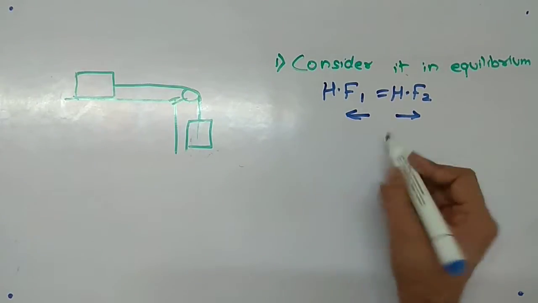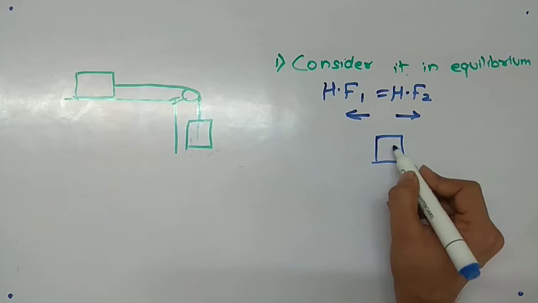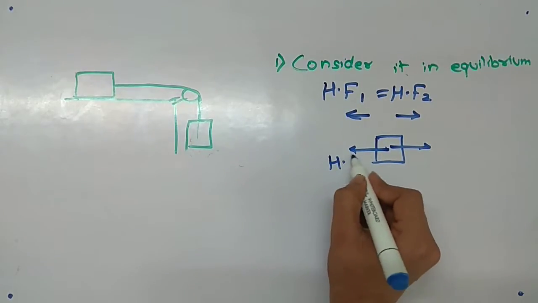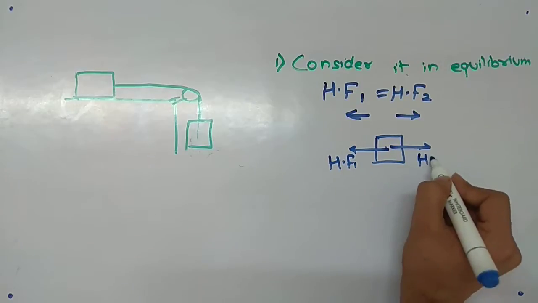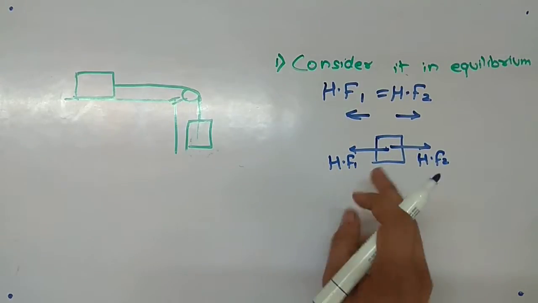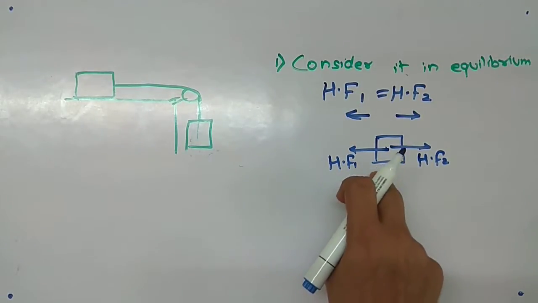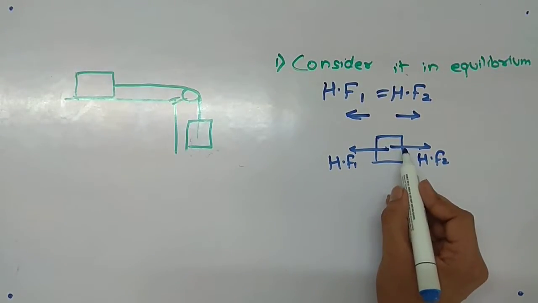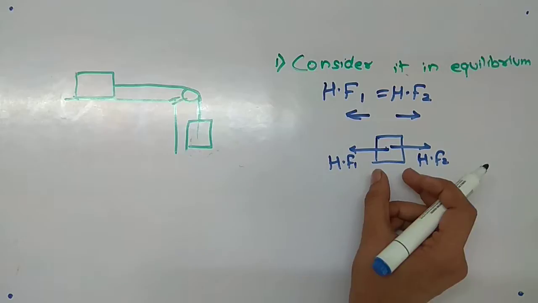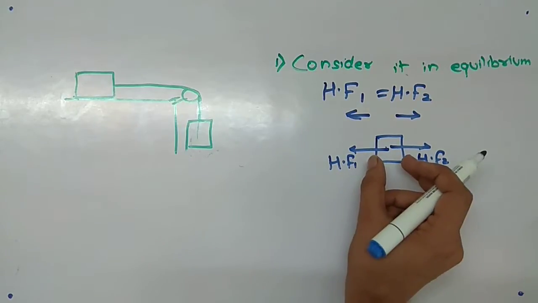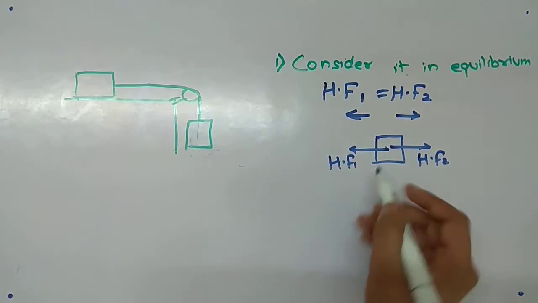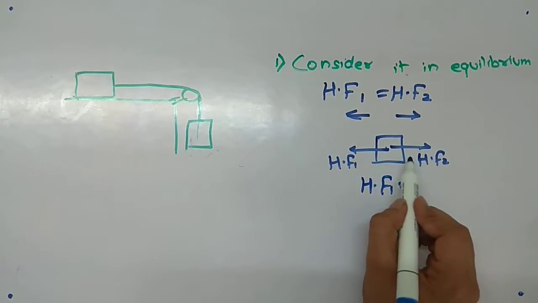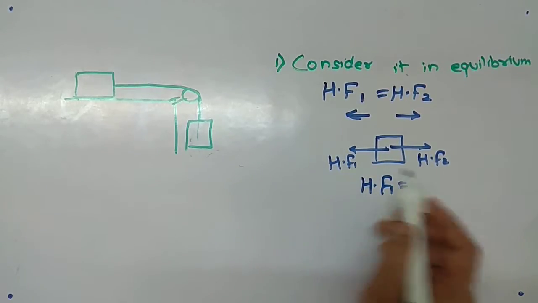Suppose there is an object and there are two forces acting on it, let this be horizontal force 1, let this be horizontal force 2. For this object to be in equilibrium, that is, it won't move, neither to the right, nor to the left, both the forces, HF2 and HF1, should be equal.